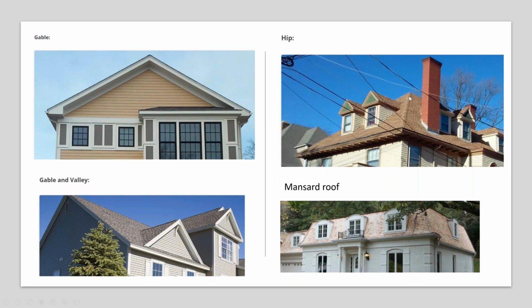So all 4 sides are angled to the middle of the building. That's a hip roof. So down here, again, this is a gable roof, and this is your valley where it meets. And this is a mansard roof, which is typically a flat roof on the top, and then the roof comes down over the 2nd story of the house. Basically, it's taken from a French design. So this is a mansard roof.